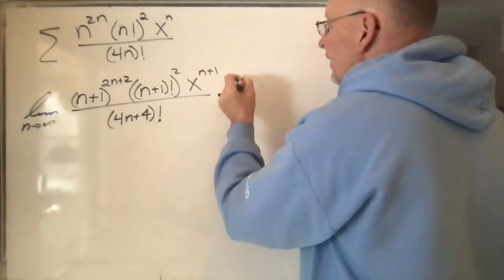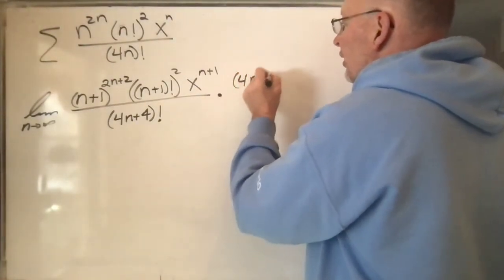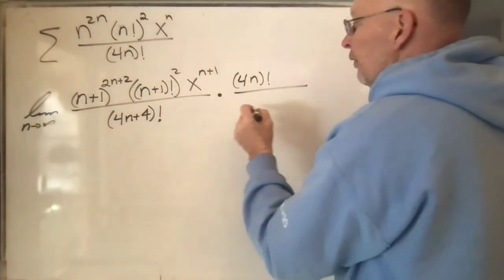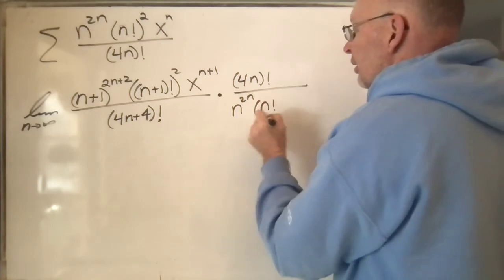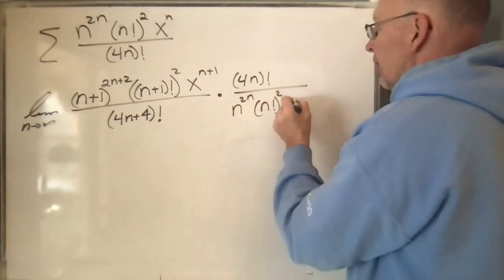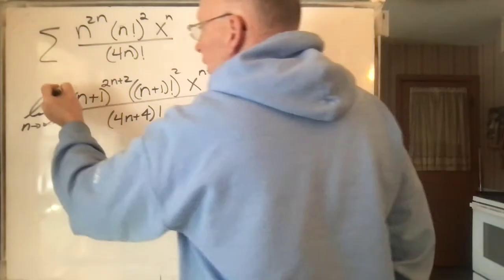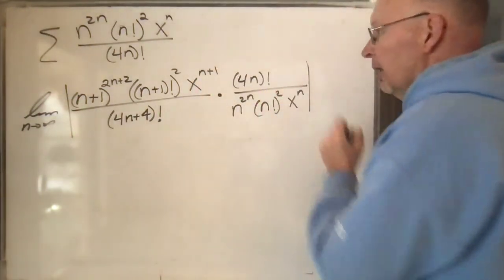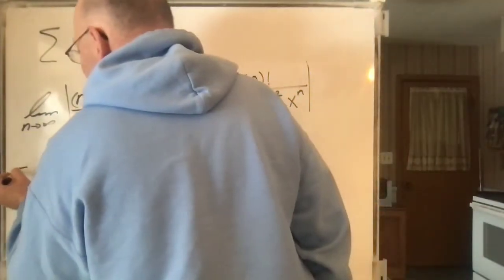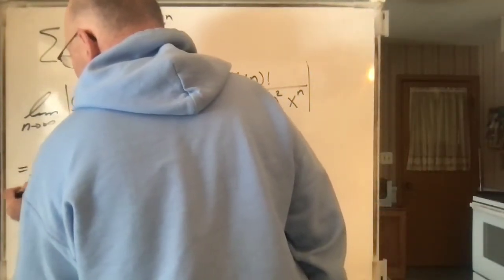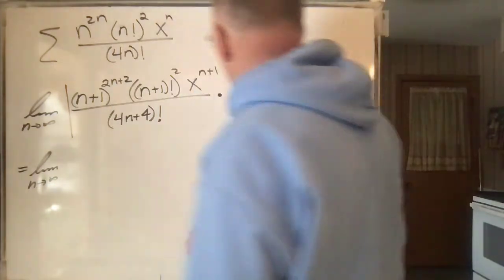And now you flip everything over, it's going to be a 4n factorial all over n to the 2n, n factorial quantity squared, x to the n. And you see what you can do by way of getting rid of all the unnecessary stuff there.